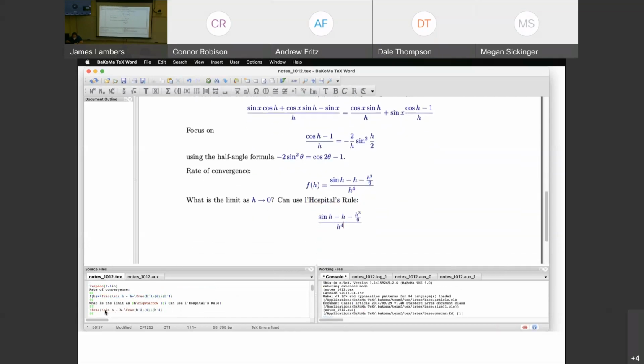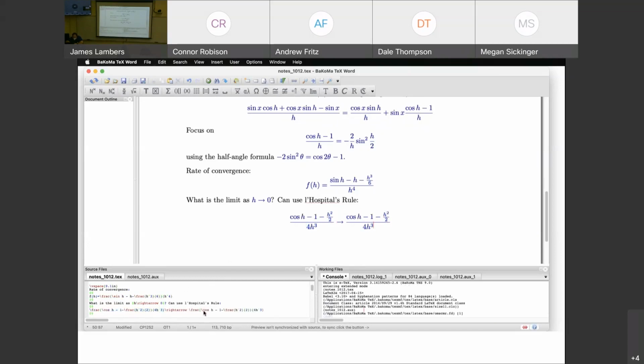So sine would be cosine. h would go to 1. h cubed over 6 would be h squared over 2, over 4h cubed for the first time. That's still a 0 over 0 situation, so we do it again.